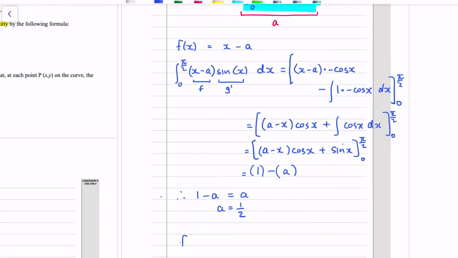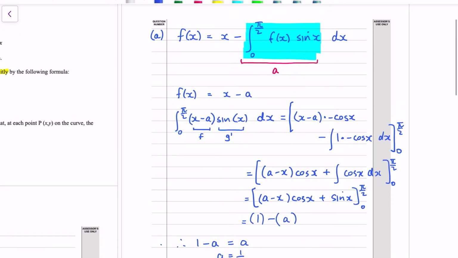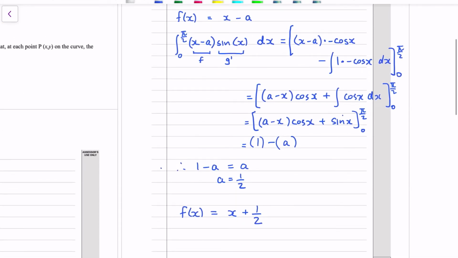Therefore the function is x plus 1/2. Let me just think about that for a sec. I think it's a little bit different to the schedule. Why is that? Because a is a half and I said x minus a. That's why. Cool.